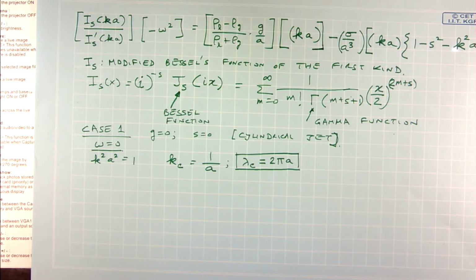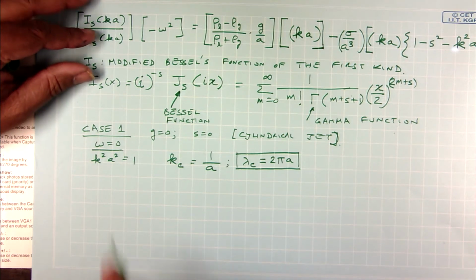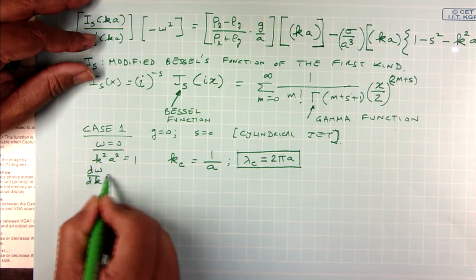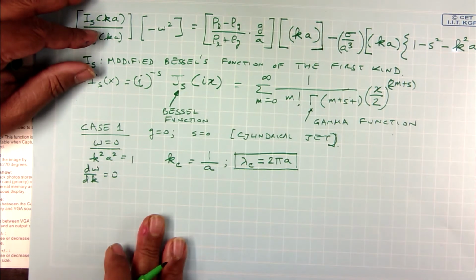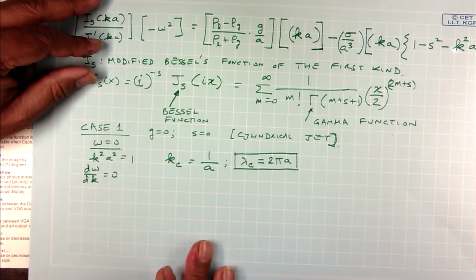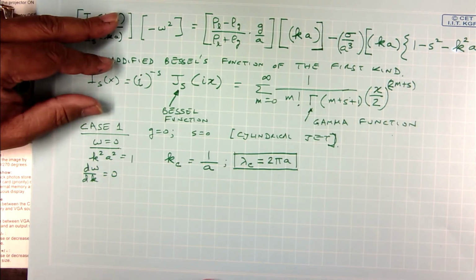Now, I want to figure out what is the most dangerous wavelength in this case. So, I do d omega dk equal to 0, and that will end up being a very complicated equation for which there is no closed form solution. You have to solve it numerically.